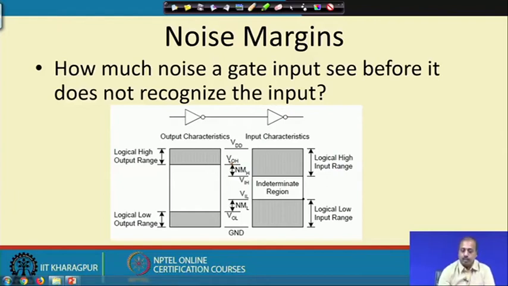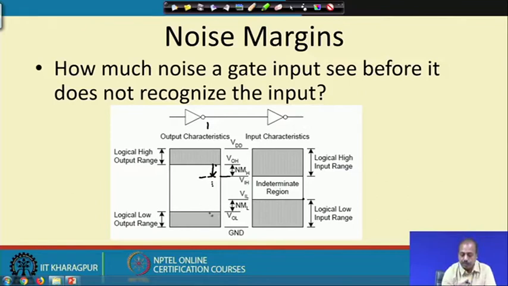If there is noise, suppose the first gate has outputted a 1 and the voltage value is equal to VOH. Now, if noise takes the value lower than this, in this region the second gate will not be able to understand it as a logic high.